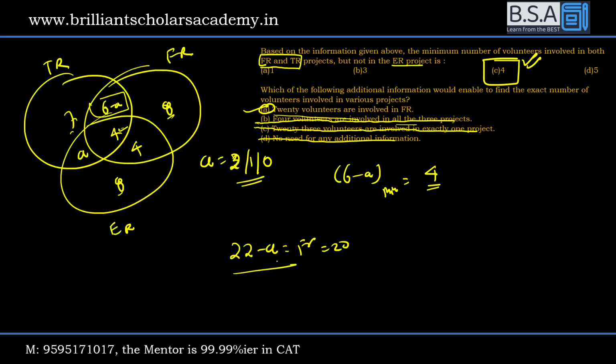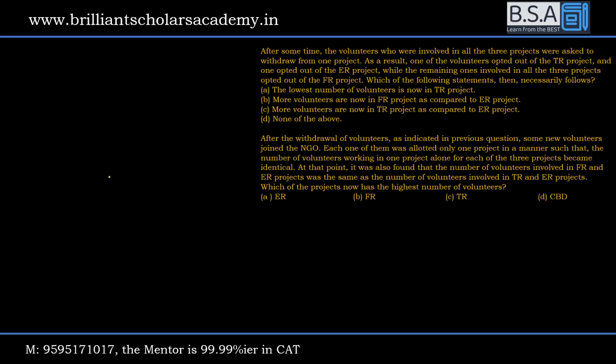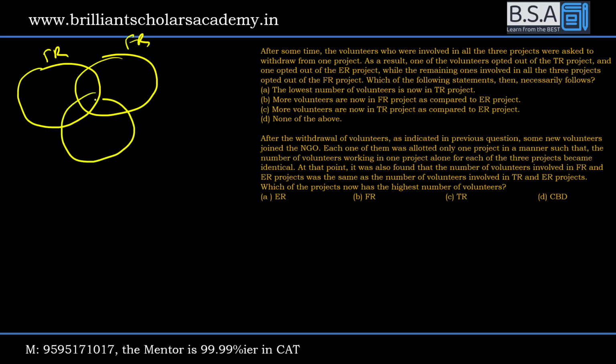Remember the diagram? Remember those values? What were the names? TR, FR and ER. 8, 8, 4, 4, 7, 6 minus A. A was either 2, 1 or 0.